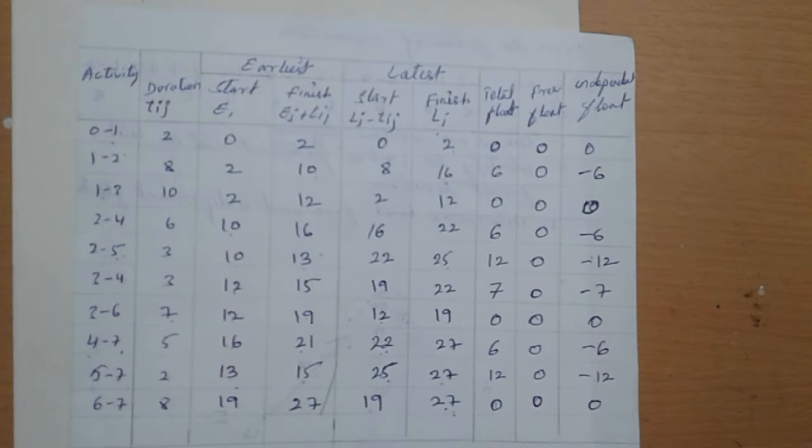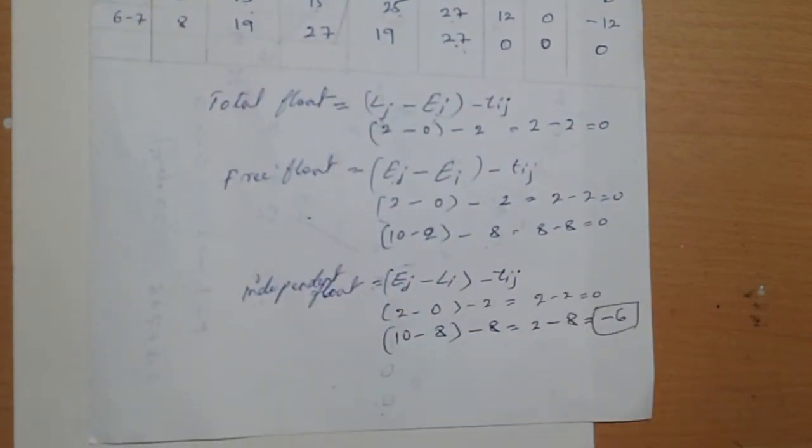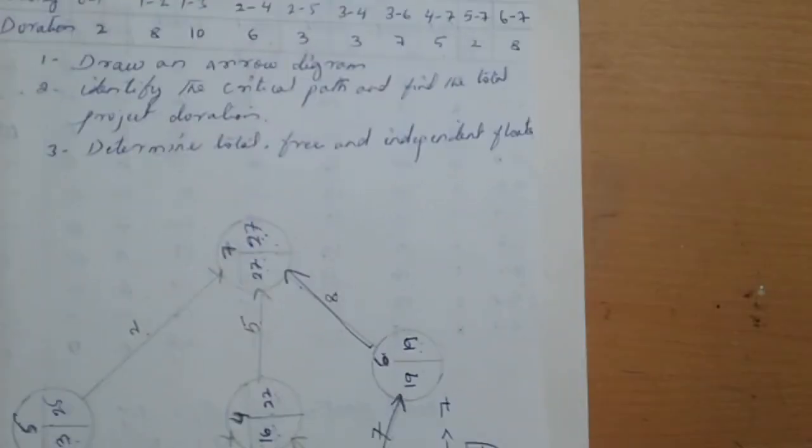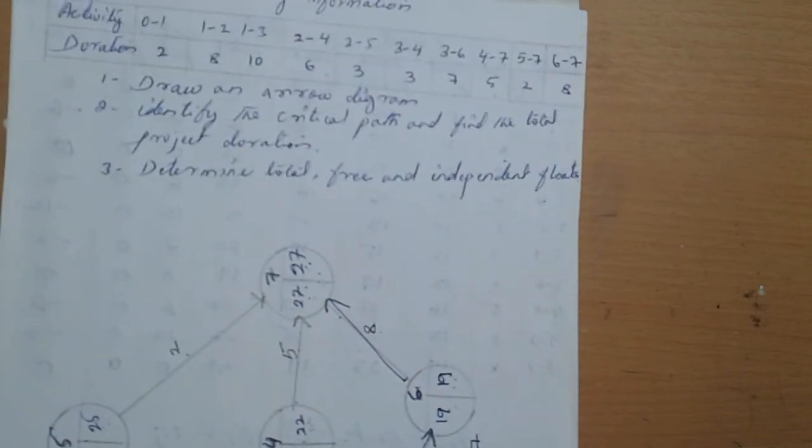Okay. Now what we have done is we have created the independent floats also. This is the way how the network problem will be calculated, the question, and we solve the network. In the next video we can see the PERT technique, program evaluation technique.